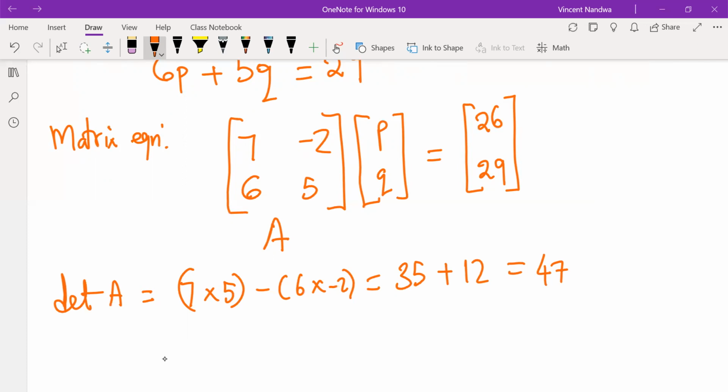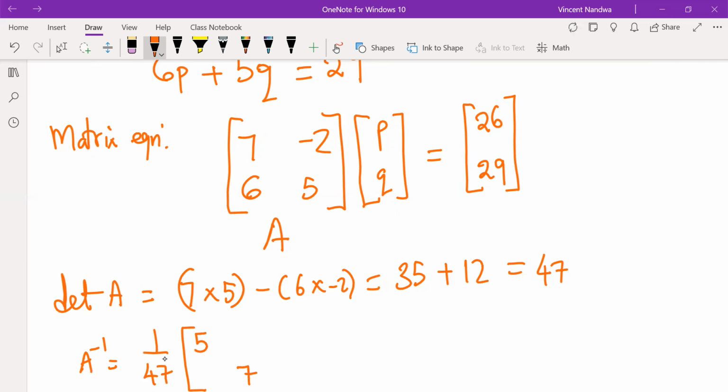So next, get the inverse of A, and A inverse will be 1 over the determinant. Interchange the elements on the main diagonal. So 5 takes the position of 7, 7 takes the position of 5.